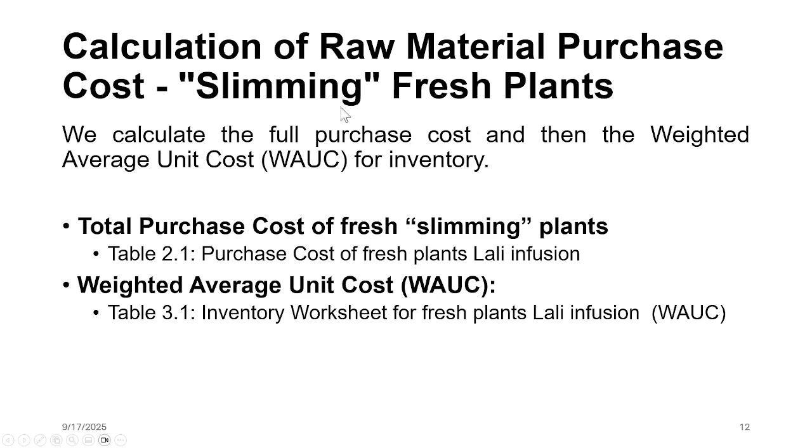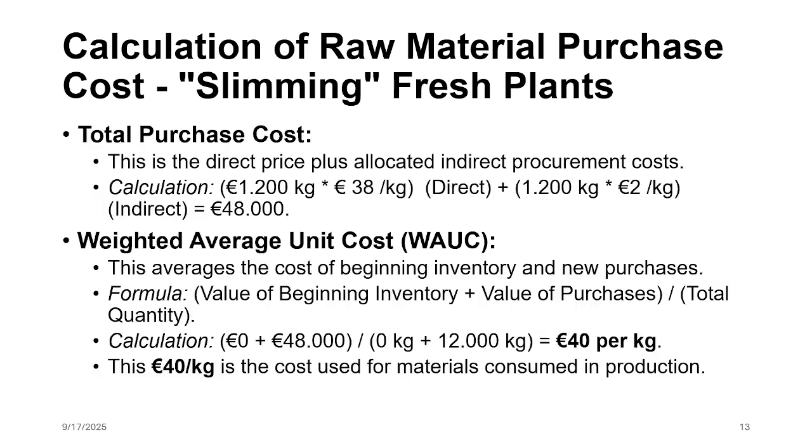In order to calculate the raw material purchase cost for the slimming fresh plant, we will first calculate the full purchase cost, and then we use the weighted average unit cost for the inventory. Of course, here we know that there's no inventory, so we don't have to use the weighted average unit cost, but I still put it so you can see what happens.